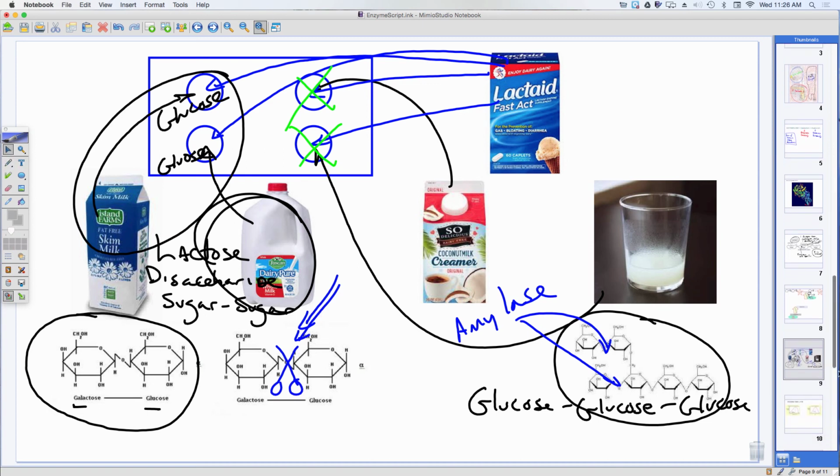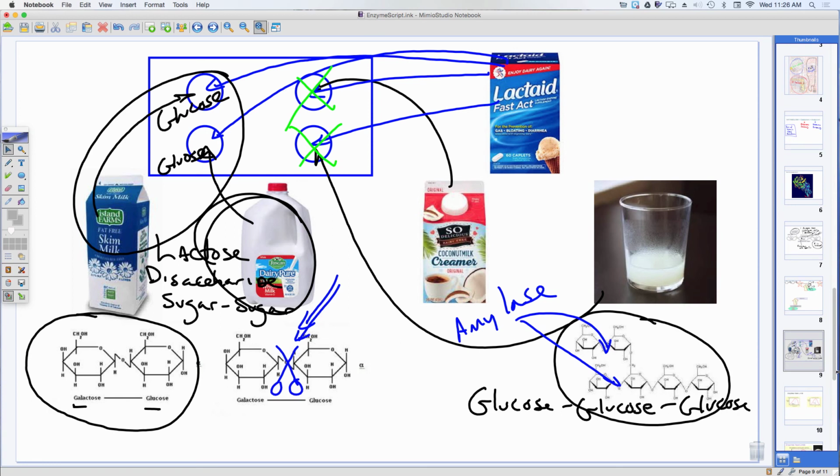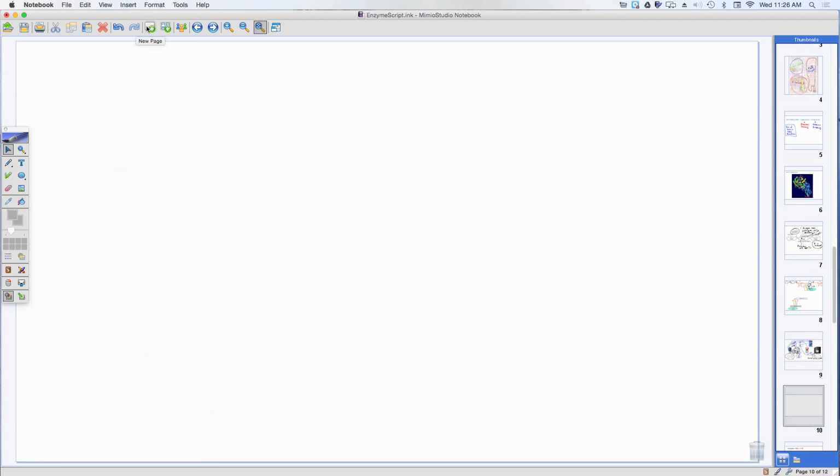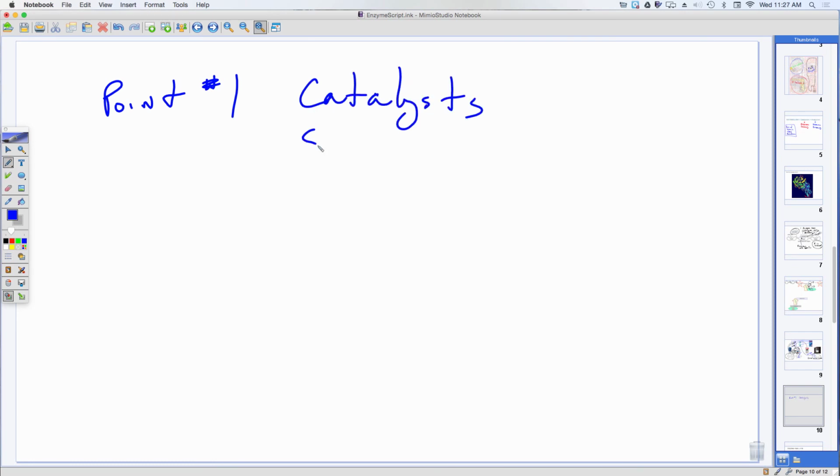So I want to summarize and end this with a few points. And then I'll leave you to study for your exam. So, point 1. Enzymes are catalysts. They speed chemistry.